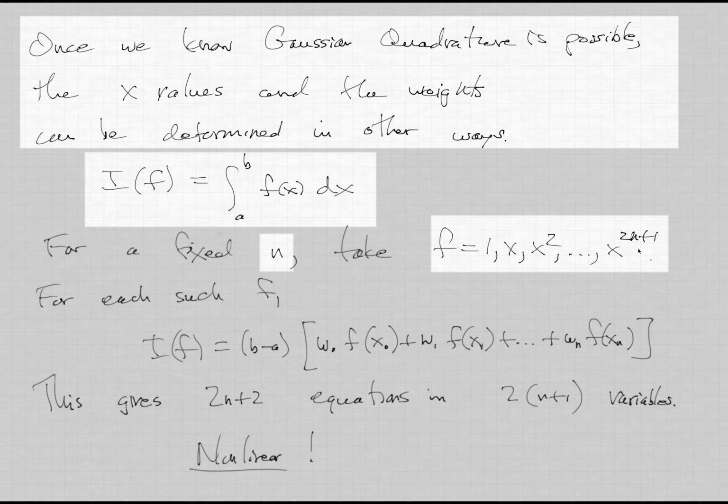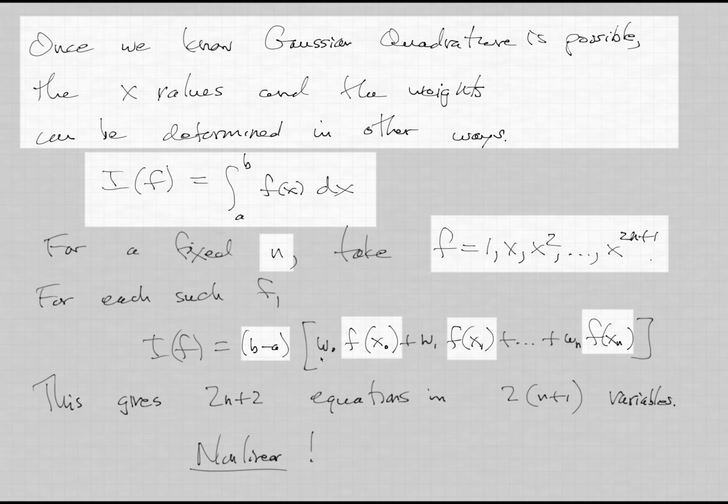Now remember, the way the scheme is going to work is that we're going to take the length of the interval, which is b minus a. We're going to sample f at these various points. So we're going to take the value of f at x0, the value of f at x1, at x2, and so on, all the way up to the value of f at xn. So we're going to have n plus 1 sample points, right? The index goes from 0 to n.